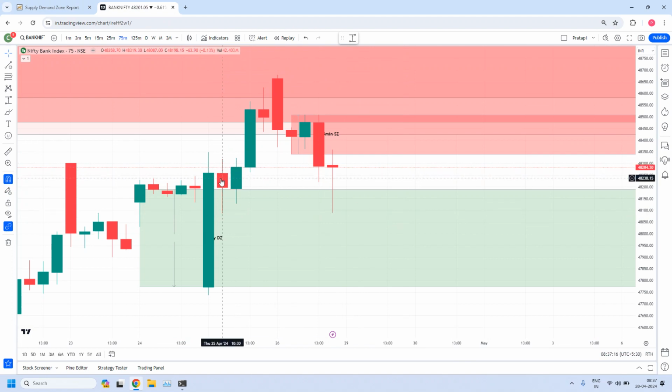What is the low of this candle? 480.87, and low of this candle 480.88.25. Just 1 point. That means there is a strong order flow here. See, here also there is a huge rejection. Here also there is a huge rejection. Just below there is a strong order flow here.